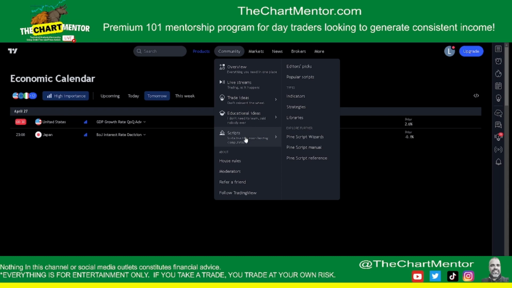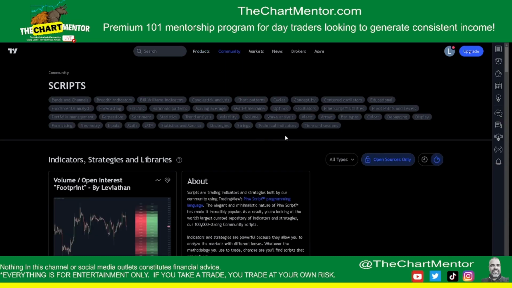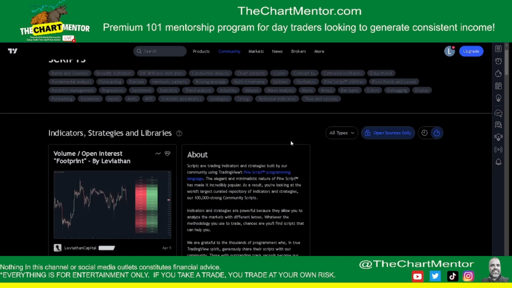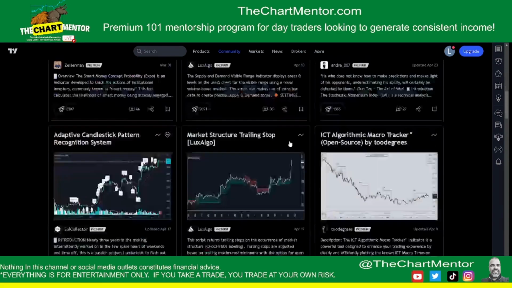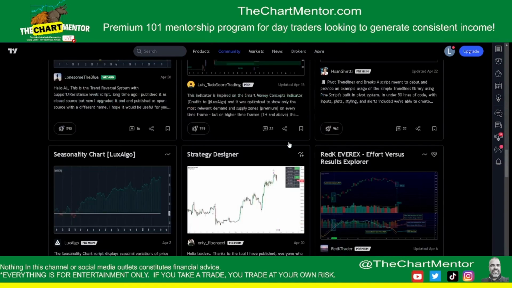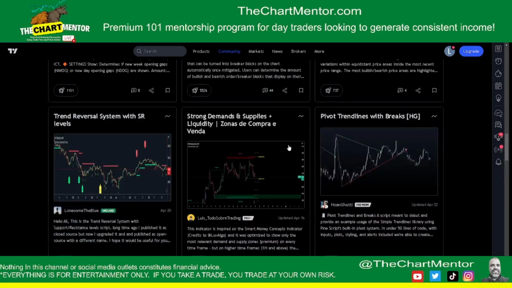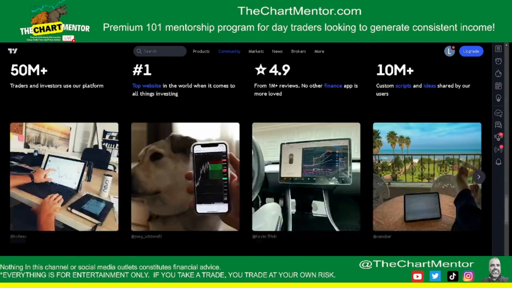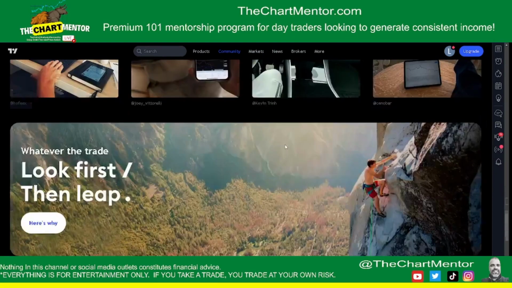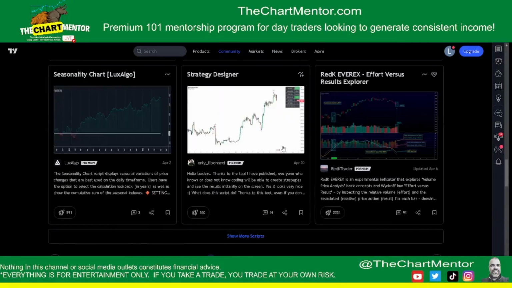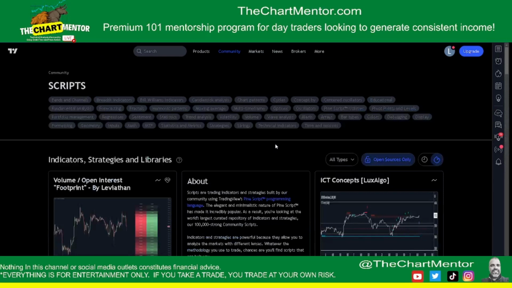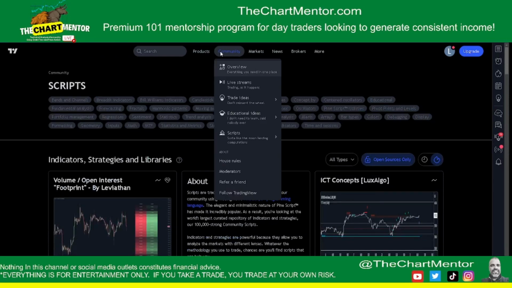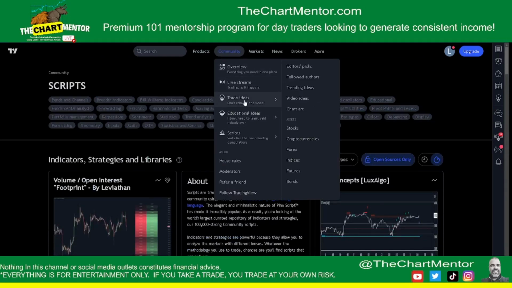If you want to look at indicators, just click here, and instead of just having a summary of the top picks or the newest in the community, now you have access to all of them, to the thousands of different indicators, or whatever it is that you're trying to get access to, whether it's trade ideas.